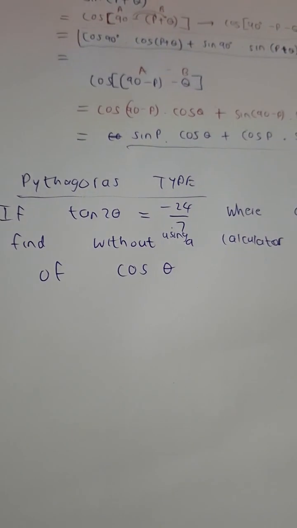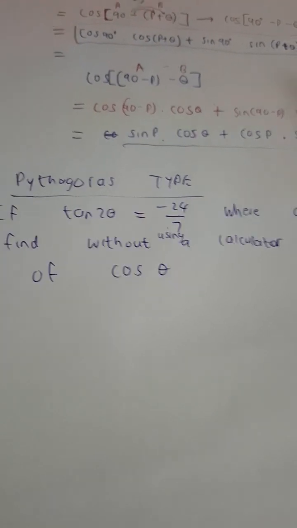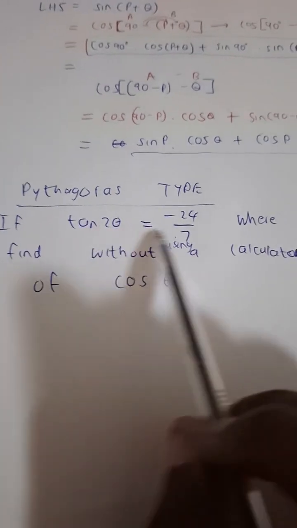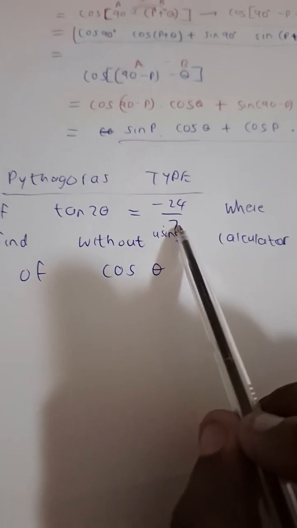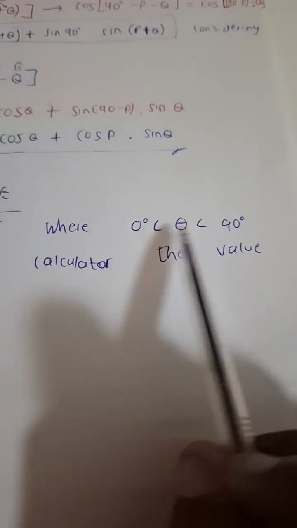So once again, it says if tan 2 theta is equal to negative 24/7, where theta is between 0 and 90 degrees, find without using a calculator the value of cos theta.